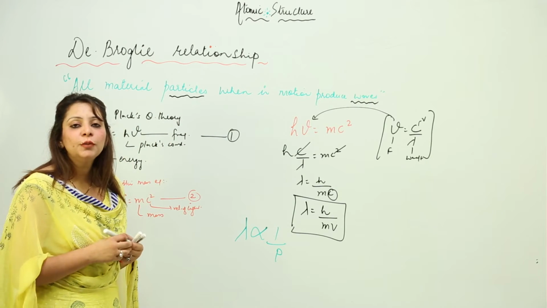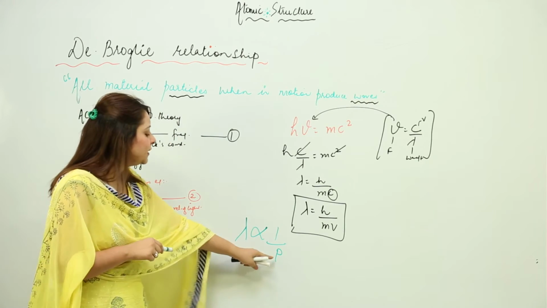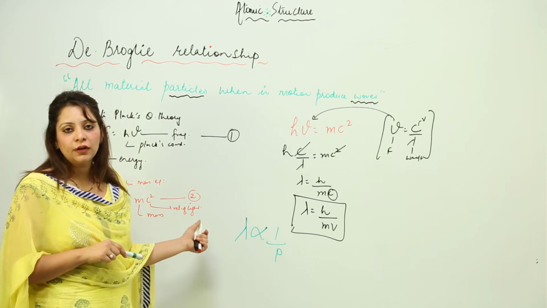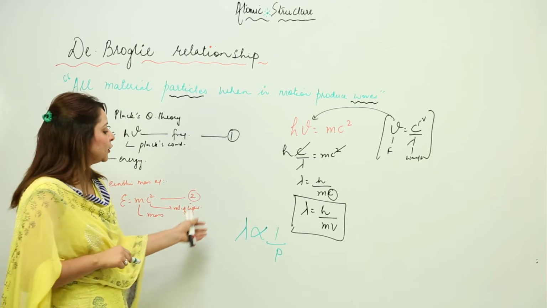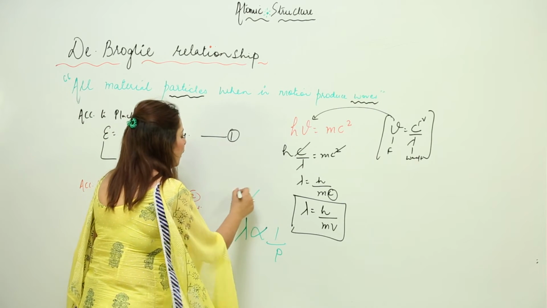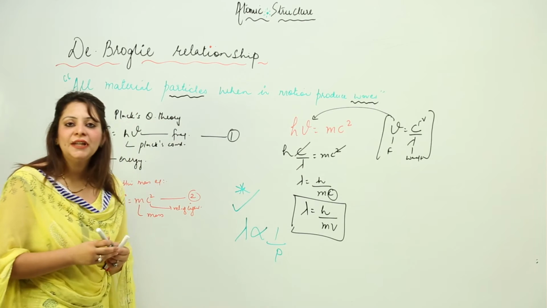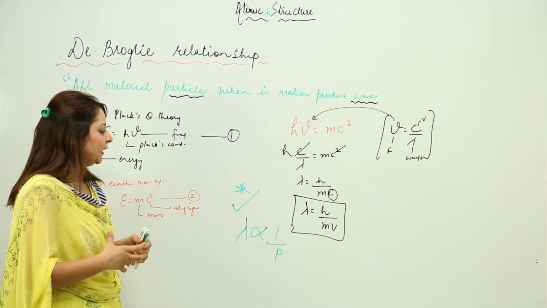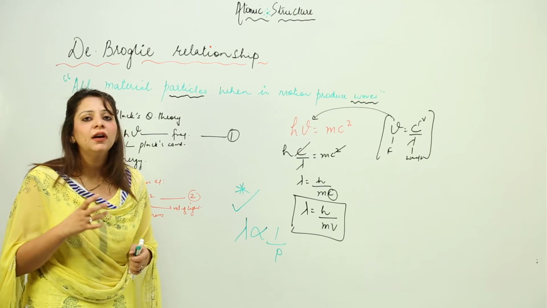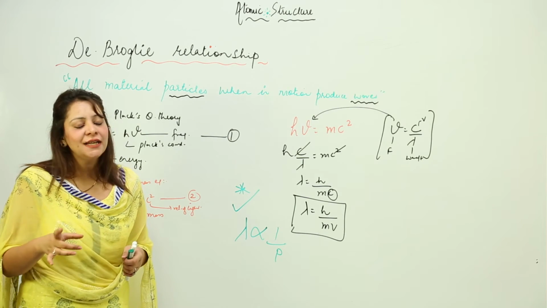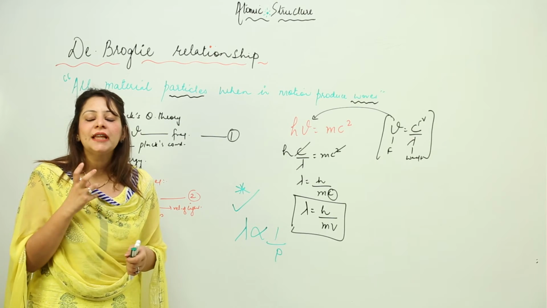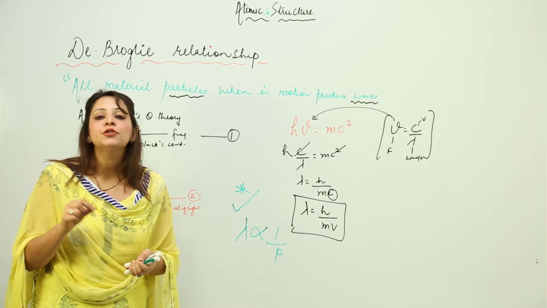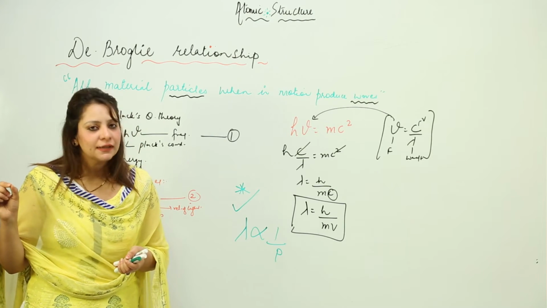As I told you, a particle in motion is emitting waves, so it possesses a certain wavelength. More momentum means less wavelength, and less momentum means more wavelength. So lambda is proportional to 1 over p, or mathematically lambda is equal to h over mv, where v is the velocity of the particle. For a photon we replace v with c, the speed of light, which is 3 into 10 raised to power 8 meters per second.